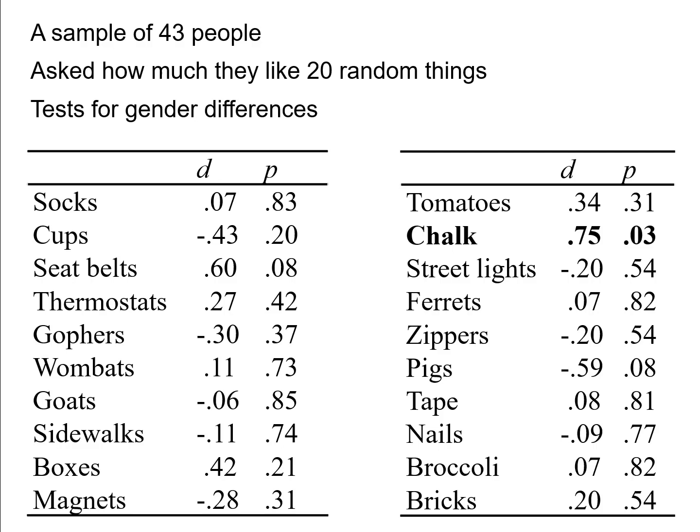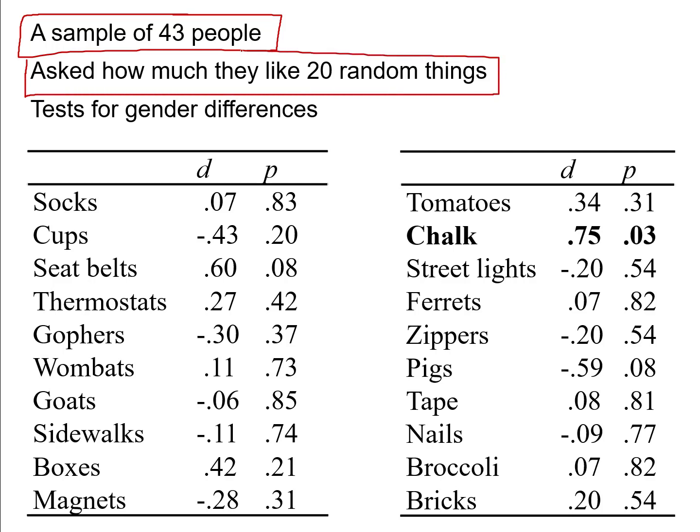And here is an example that will illustrate the problem of family-wise error. This example is from a study that I did where I got a sample of 43 people, and some of the people in the study were men and some were women. I asked each person how much they liked 20 different random things, and to rate on a scale of 1 to 10 how much they liked each object.